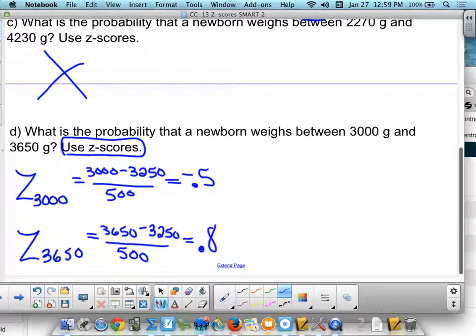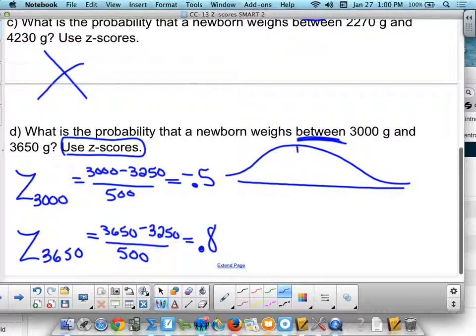Now here's the deal. You want the probability that a newborn baby weighs between that baby and that baby. Well, if that's the average, a negative 0.5 would be over here somewhere, and a positive 0.8 would be right here somewhere.